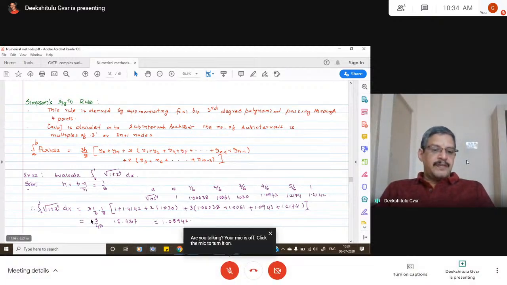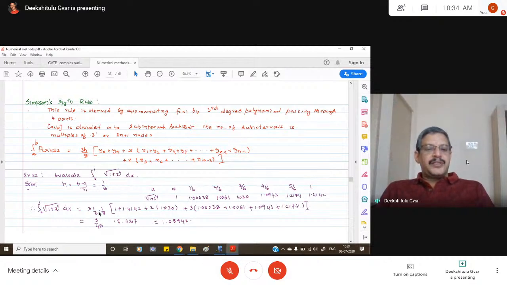So we got all the required values now. The integral value is 3 by 8 into h, which is 1 by 6, into the first value plus last value. The first value is 1, the last value is 1.4142, plus 2 into y3.